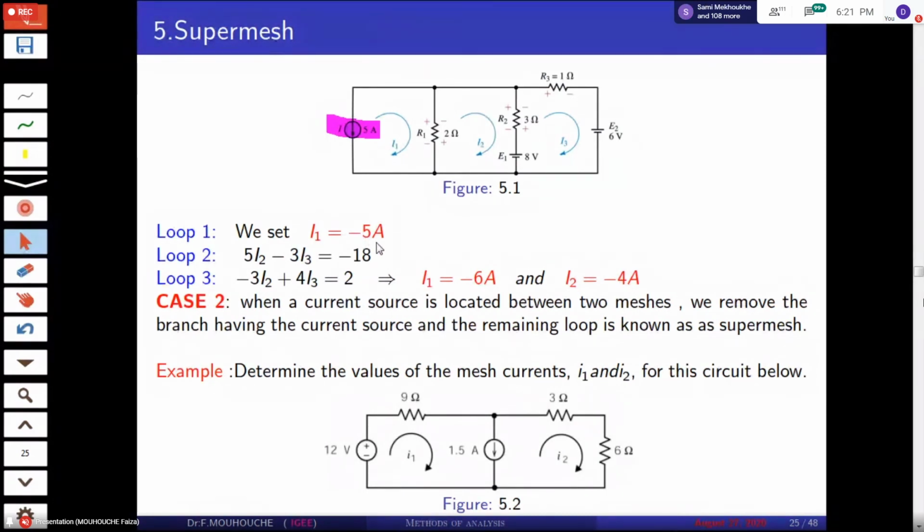And for the second, as in the previous example, we write the equation, and the simplified equation is here. Here, I1 is known, I2 unknown, and I3 unknown. So the same as the previous, we write.